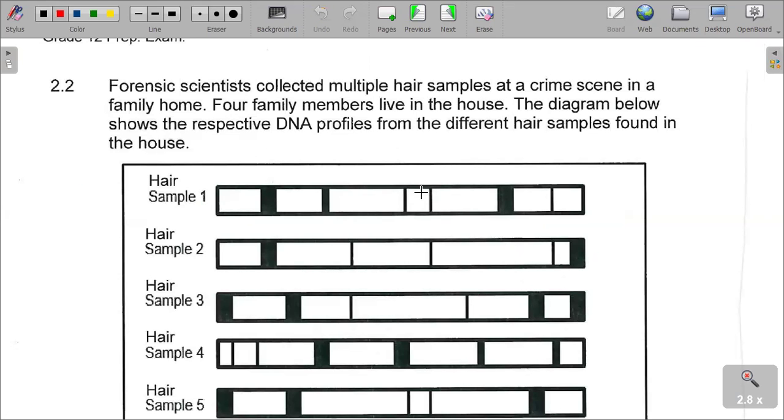Forensic scientists collected multiple hair samples at a crime scene in a family home. Four family members live in the house. The diagram below shows the respective DNA profiles from the different hair samples found in the house.